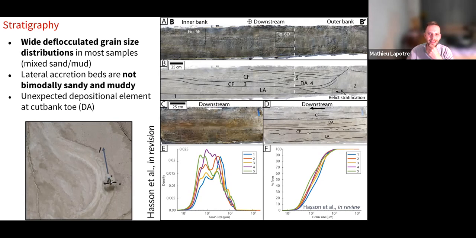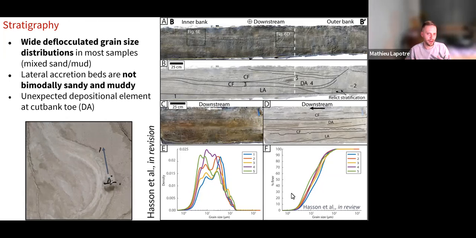And panels C and D are the photos and interpretations of a smaller trench that we dug in the streamwise direction. The position of C and D is marked in panel A by that dashed white line here. And all of the numbers that you see in those trenches correspond to the grain size distributions that are shown in panels E and F.